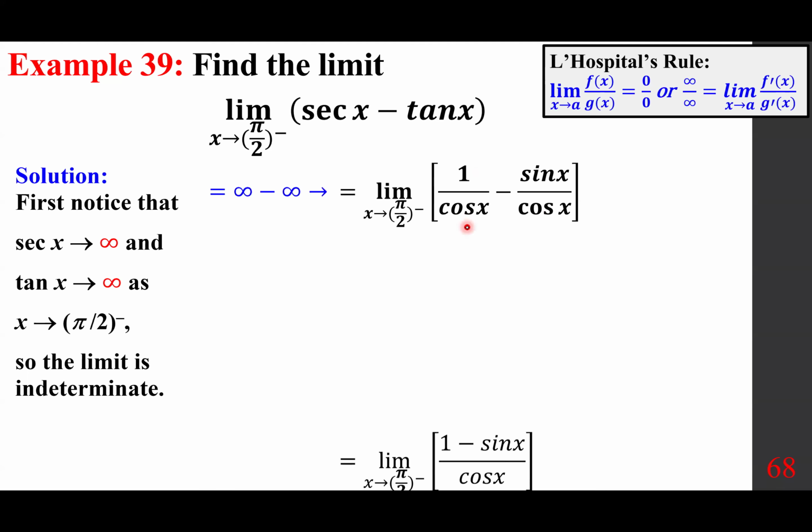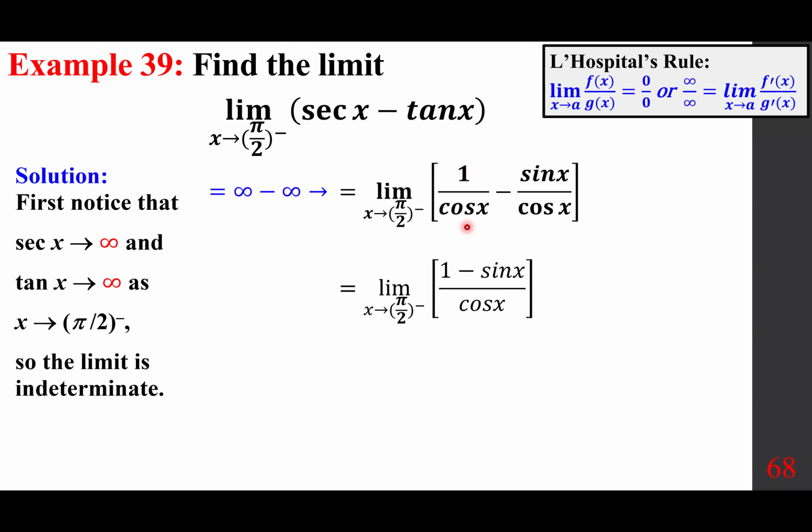Take a common denominator, LCD is cosine x. And now if you plug in pi over 2, you get 1 minus sine of pi over 2, which is 1. So 1 minus 1 is 0. And cosine of pi over 2 is 0. So we get 0 over 0, which means we can use L'Hopital's rule.